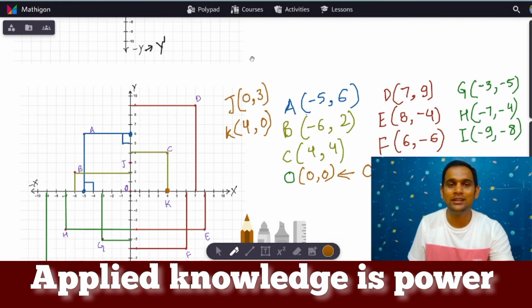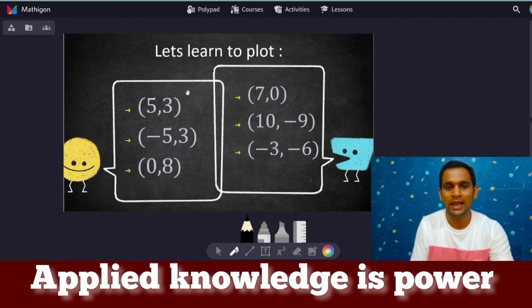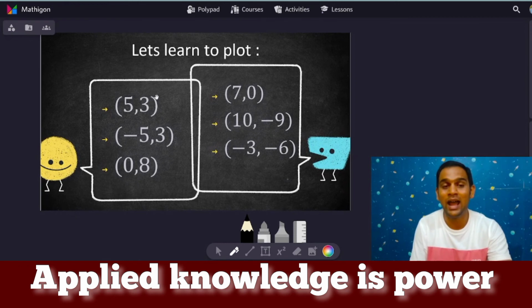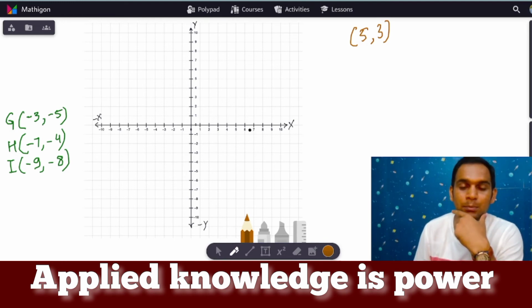Okay, now let us quickly understand how we will plot the different points you can see here. How do we plot these points on the number line? Once we have to plot 5 comma 3, here is the graph. How do we proceed forward for plotting it?